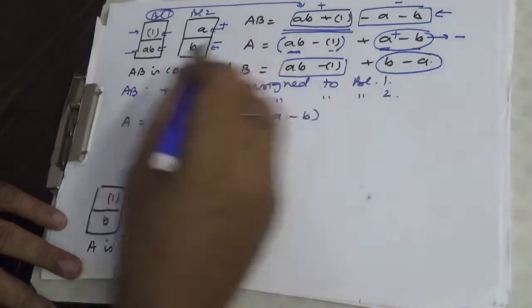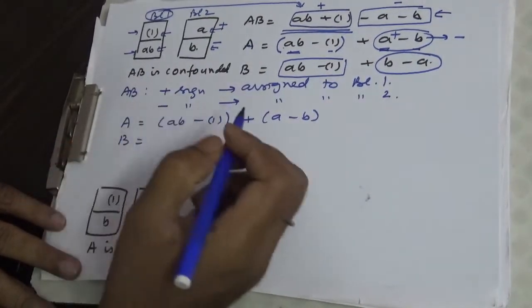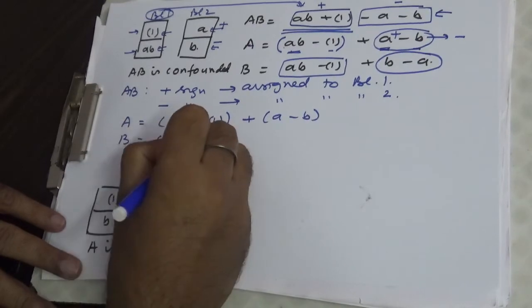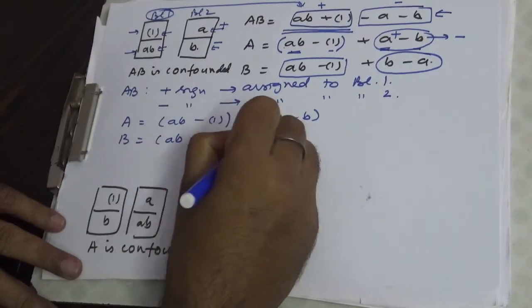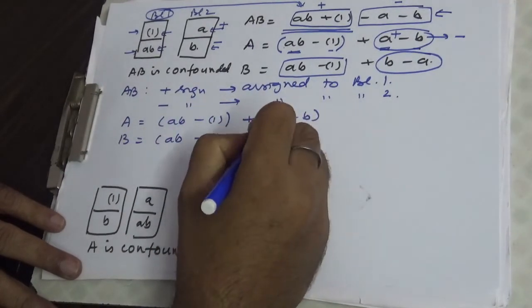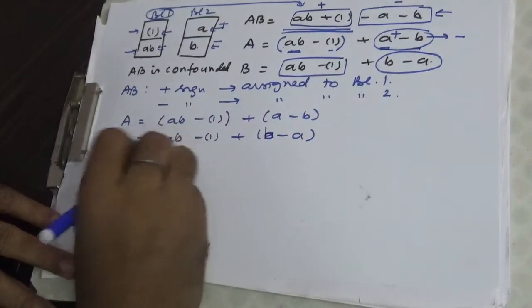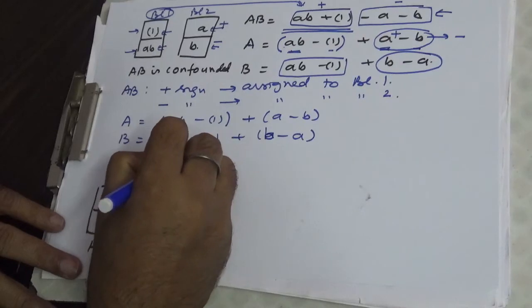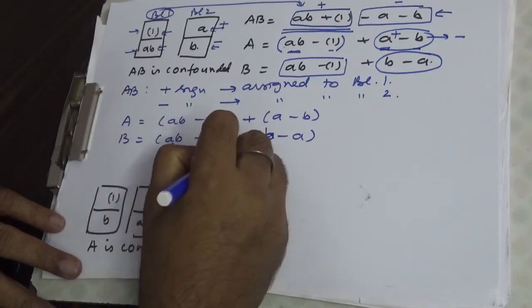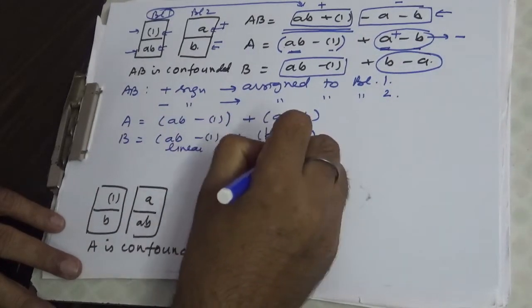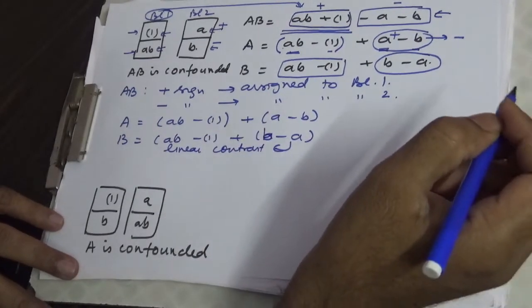Okay. Now you try to observe here in B. The same thing is happening in B also. This is also a linear contrast, and this is also a linear contrast.